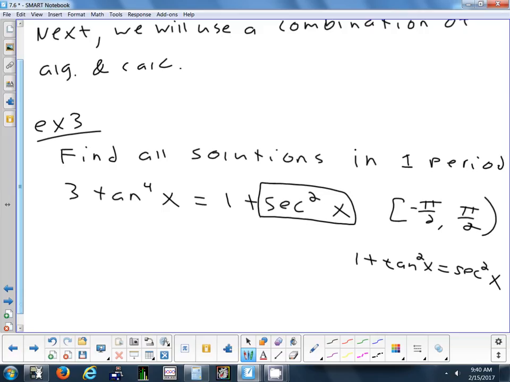So you have to know that Pythagorean identity. Okay, so we get 3 tangent to the 4th. That just stays the same. And then I'm going to have 1 plus tangent squared. So what's 1 plus tangent squared? 2 plus tangent squared.